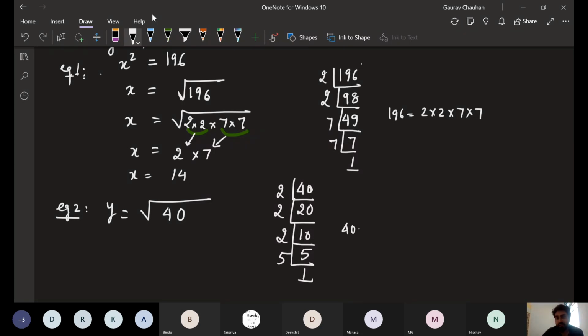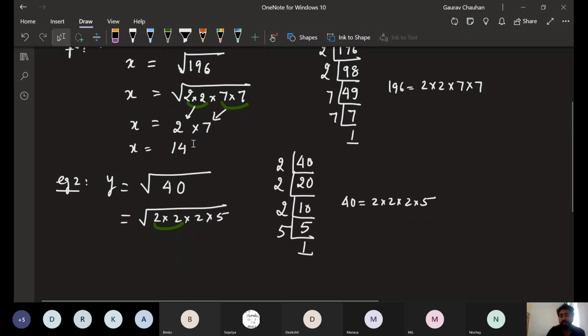So what we have here is 40 is equal to 2 into 2 into 2 into 5. Now this means under root, I'm going to write 2 into 2 into 2 into 5. But as you can see, we don't have a clear pair forming. 2 into 2 is one pair, but for the remaining 2 into 5, there is no pair forming.